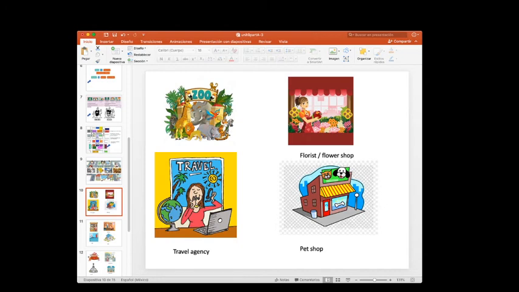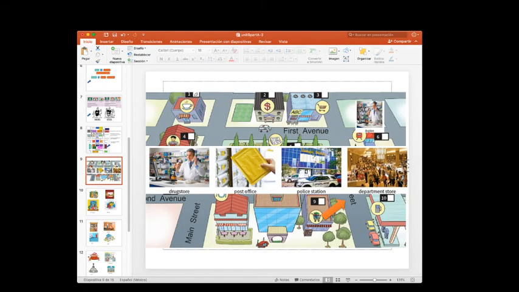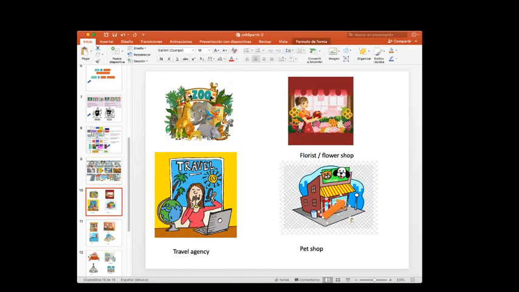And we have more vocabulary in order to check more places that you can draw if you want. For example, here where the animals live, this is zoo. We have another one that is travel agency.